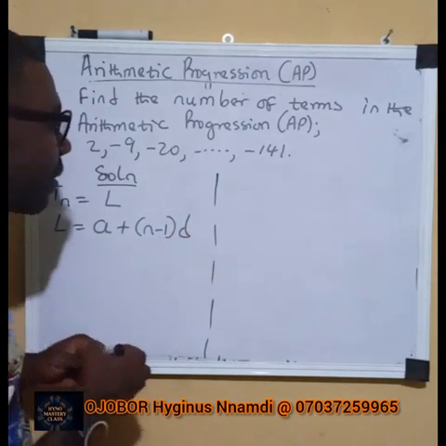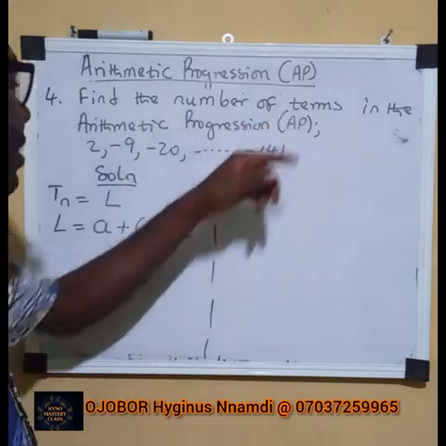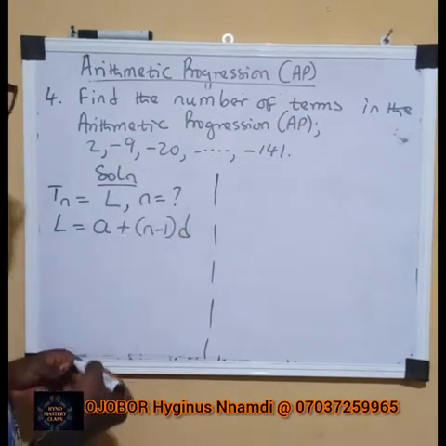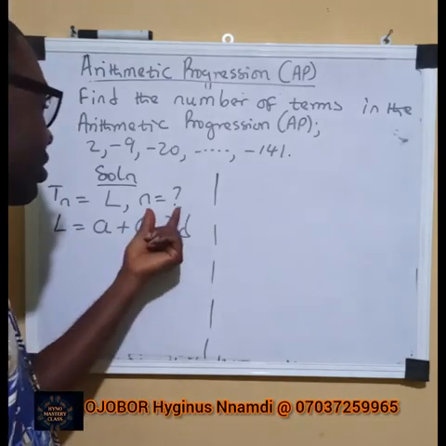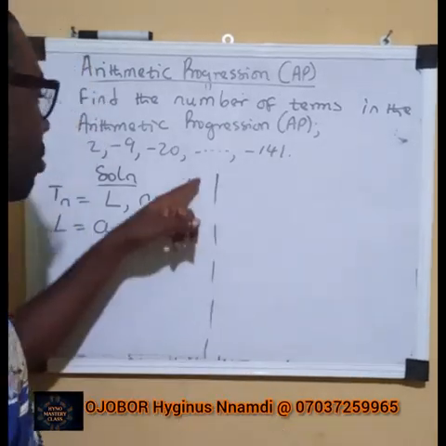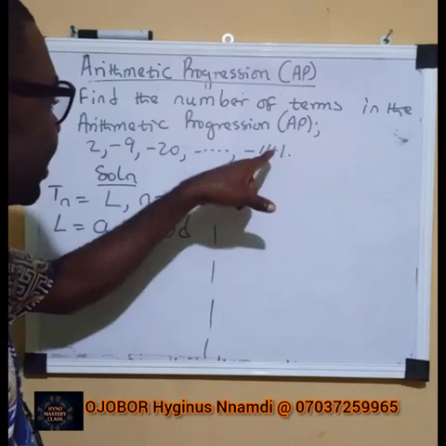If we use this formula, we will get n. That's what we're looking for. That is the number of terms. Number of terms is represented with n. In the previous ones we solved, we were given the number of terms. We were given the term we ought to find. But here now we want to get how many terms are contained in this sequence.